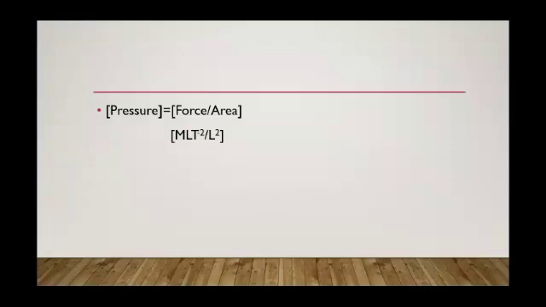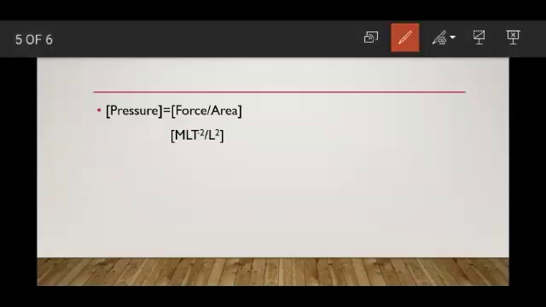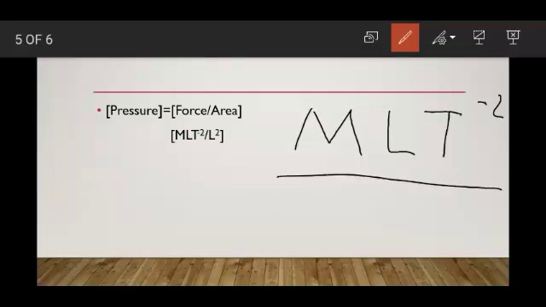So this is very simple. We are going to simplify it. Mass, length, t power negative 2 divided by length power 2. So length and length will cancel. Here this is length power 1, and down we have length power 2.